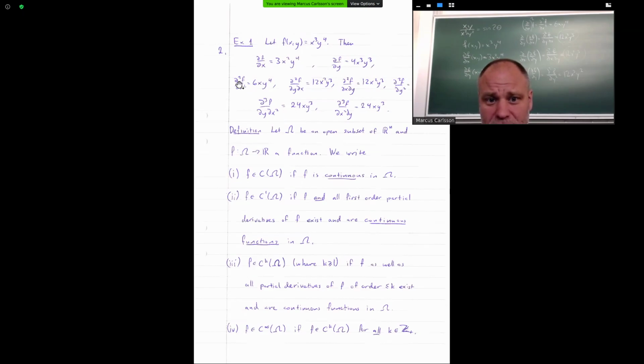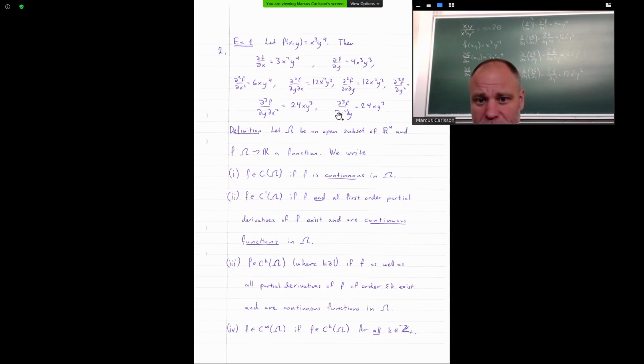So if we take this guy and differentiate it with respect to y, then we get the 4 goes down here. So you get 24x times y to the power of 3, which is what's written here. And all right, so this thing with the mixed partials, here you see another one, which is the same function, but down here in the denominator, it looks different.